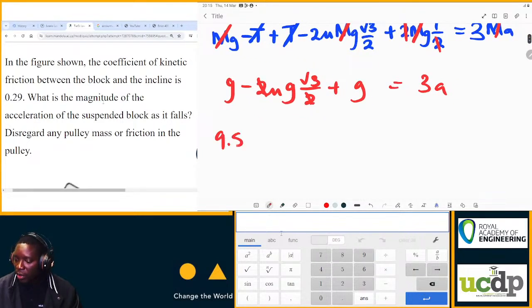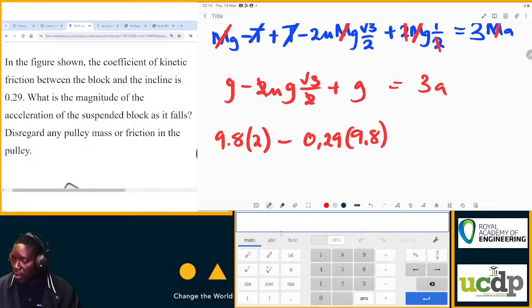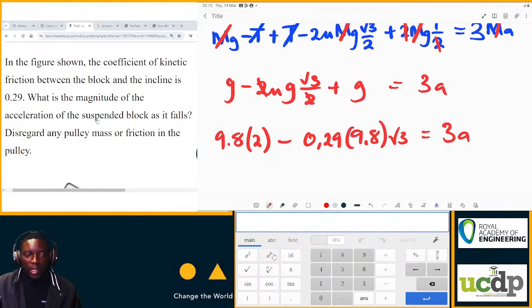So we've got 9.8 plus 9.8, which is 9.8 times 2, minus 0.29 multiplied by 9.8 multiplied by root 3, equals 3a. Let's see what we get from that calculation. That's 9.8 multiplied by 2, and I want a bracket there.